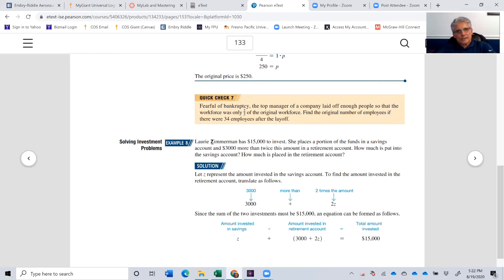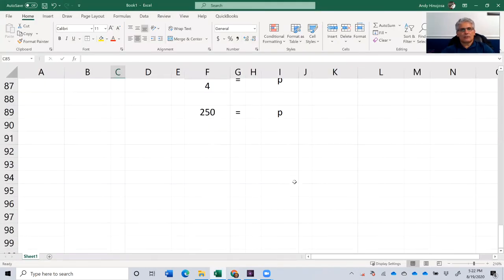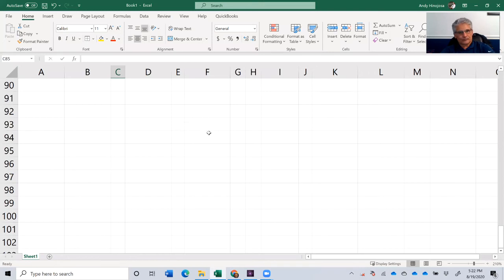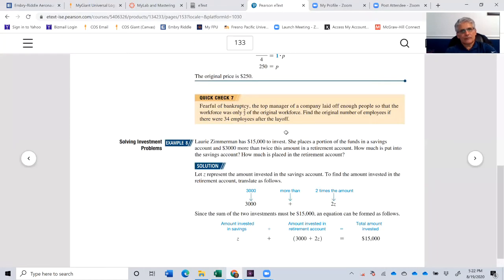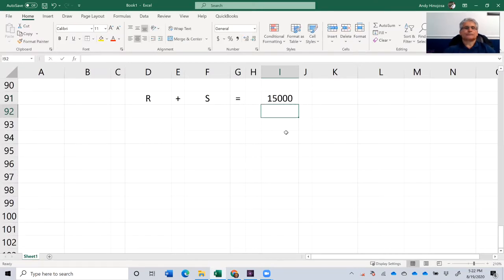So the total is $15,000. Let's write an equation here. Whatever she puts in a retirement account plus what she puts into a savings account will be equal to $15,000.